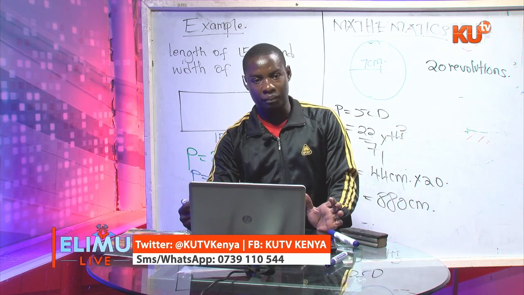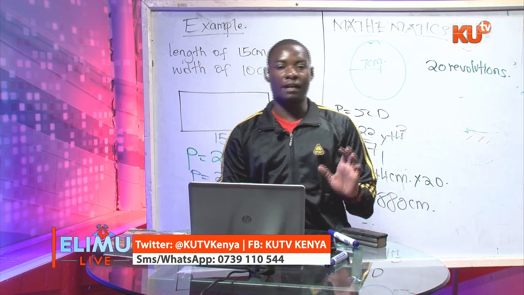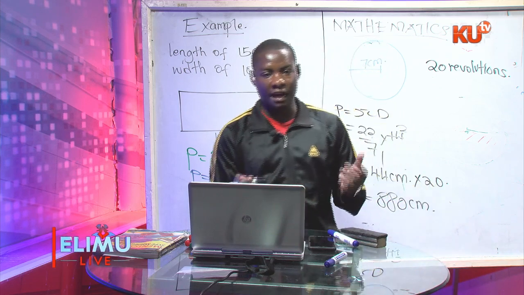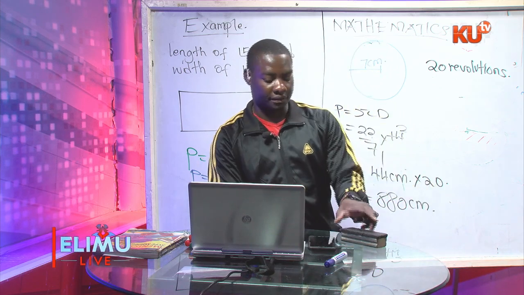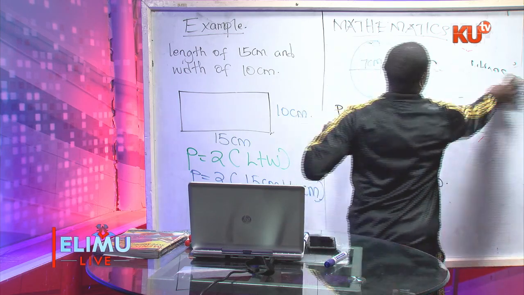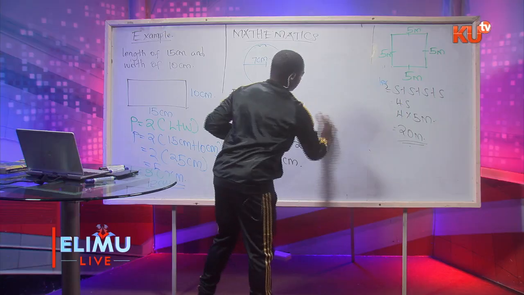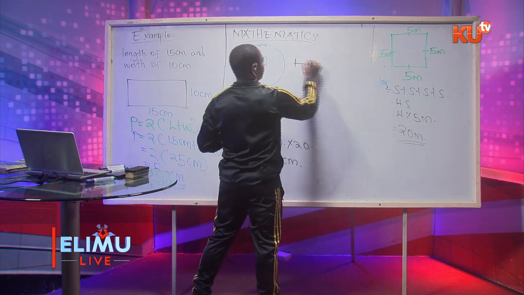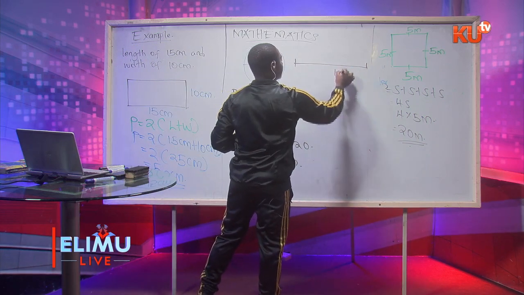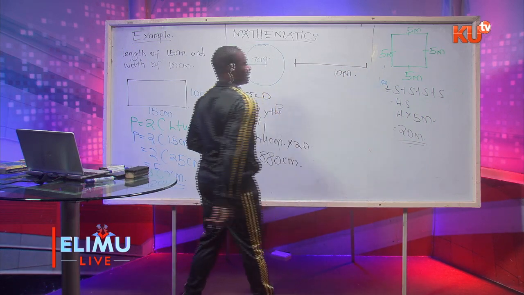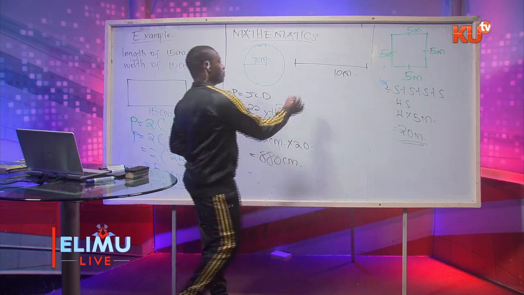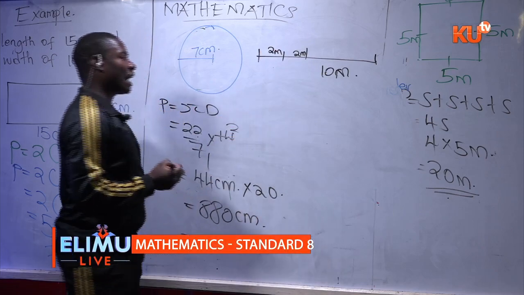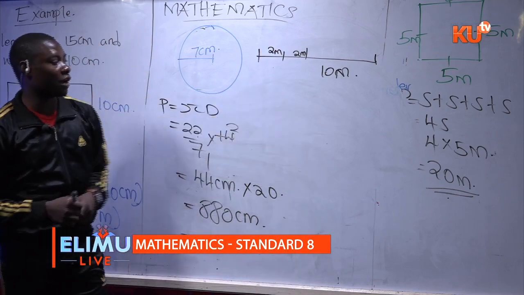The other application of perimeter can be in terms of posts. For example, we can have a road which is 10 meters, a road 10 meters that had some electric posts erected. So this is a road 10 meters, and there are posts that were erected 2 meters apart. 2 meters, 2 meters. So you are asked how many posts were used.